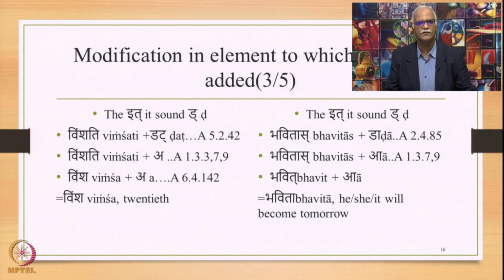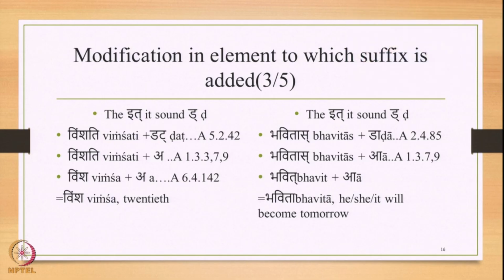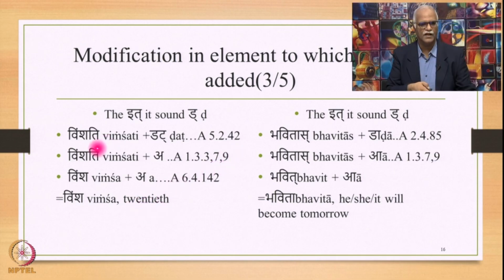Let us look at these two examples where the marker d is playing a prominent role. For example, when you have to say 20th, you take the nominal root vimshati and add the suffix dat to it, by 5.2.42, and then this dat consists of d as it by 1.3.7 chuṭū and t as it by 1.3.3 halantyam.